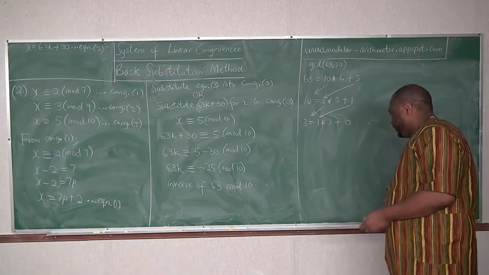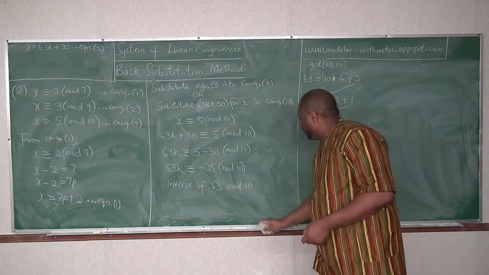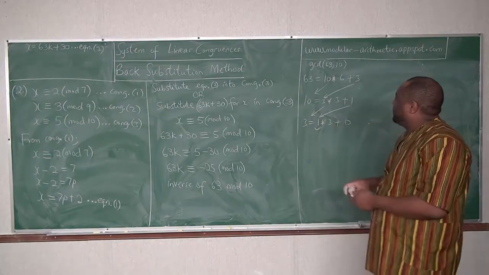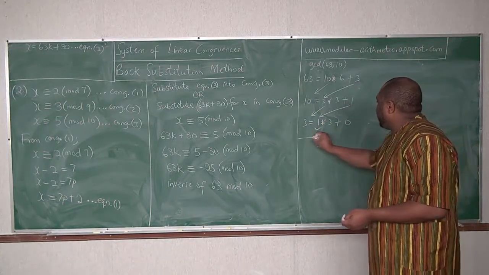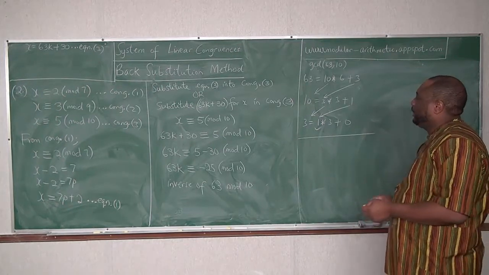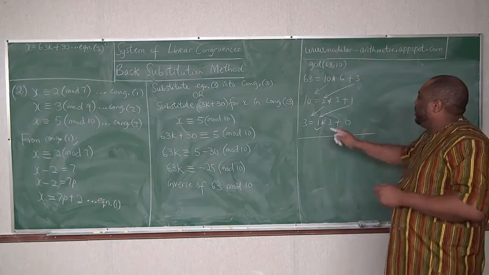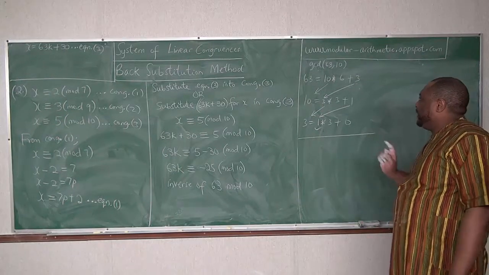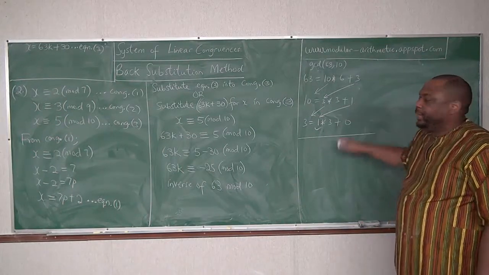So the GCD is 1. The divisor is 1. But to get our inverse, we use from here.